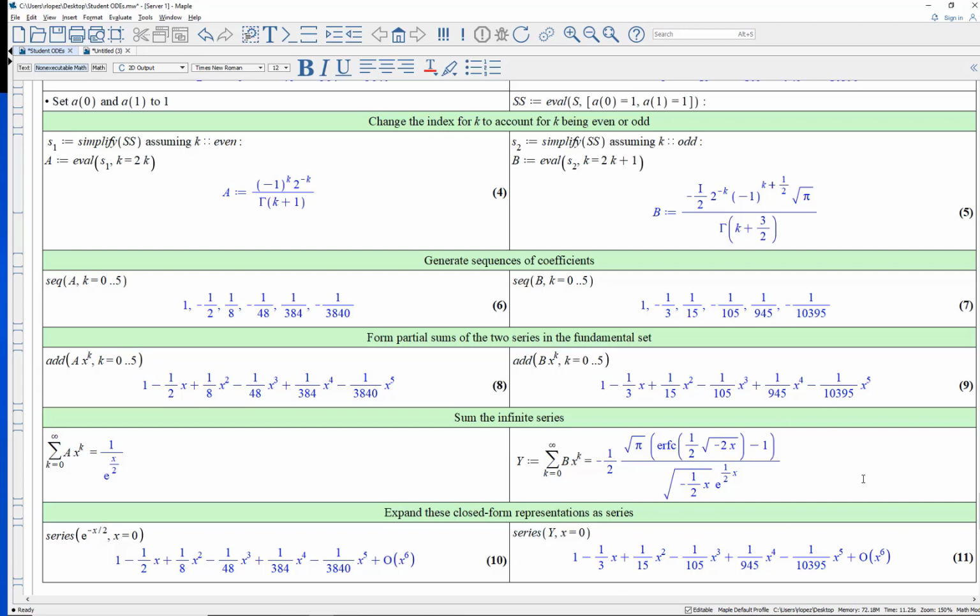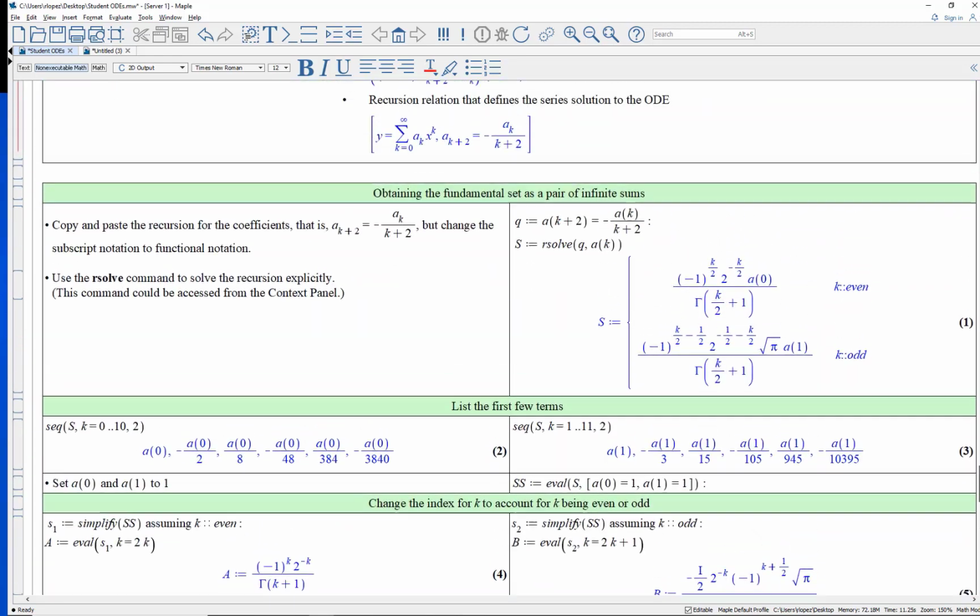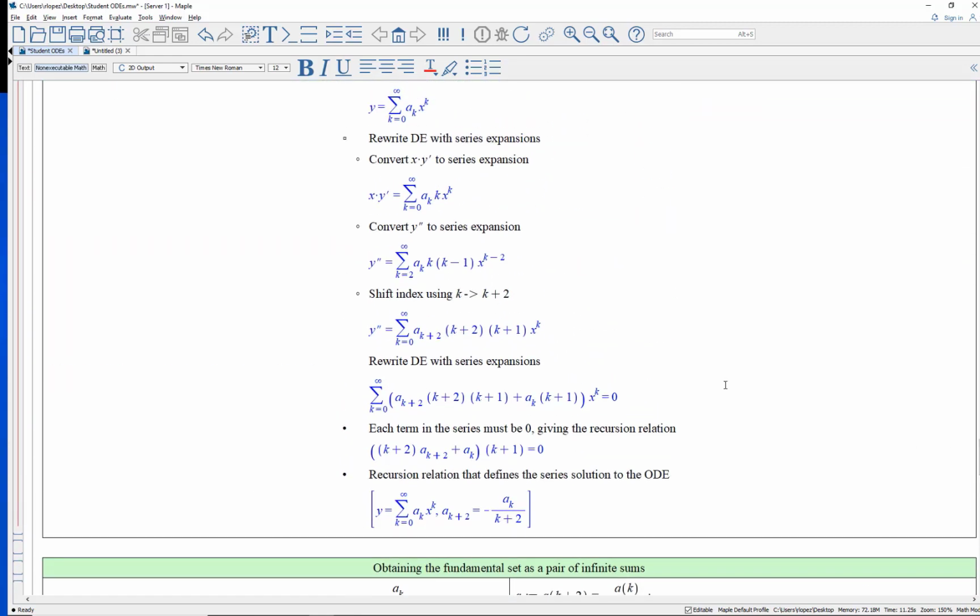So progress has been made in obtaining a series solution, and the stepwise presentation does show what steps have to be taken. It does not show how to put these things together.